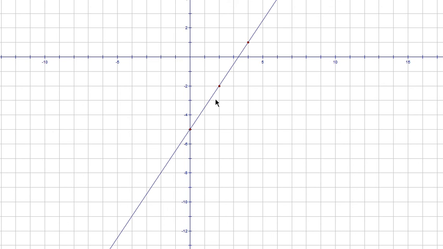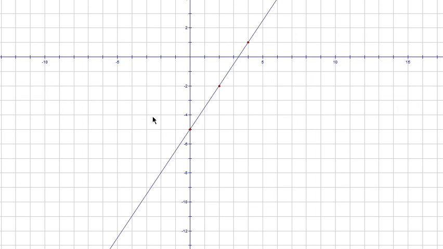So we go to the initial value, which is the y-intercept right here. We want all the numbers greater than negative 5. And let's look at that. Ladies and gentlemen, all the numbers greater than negative 5 right here.